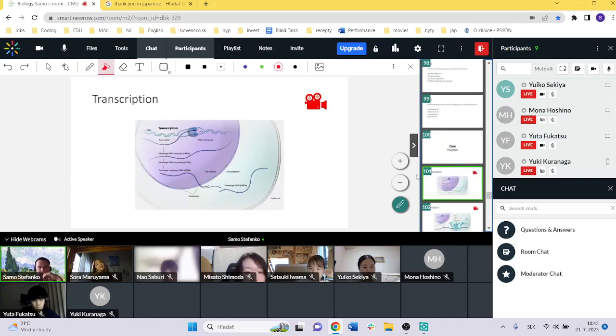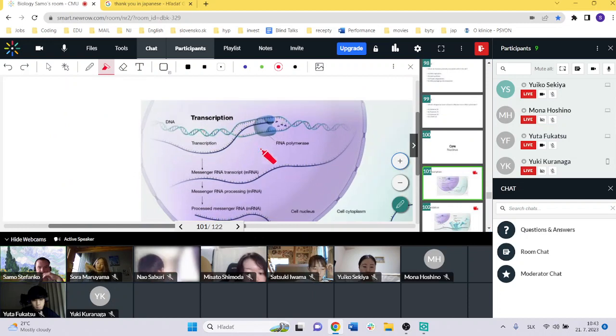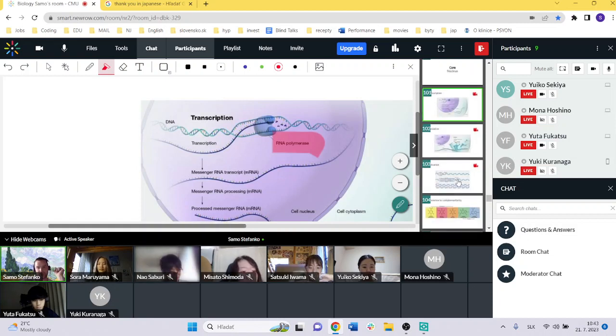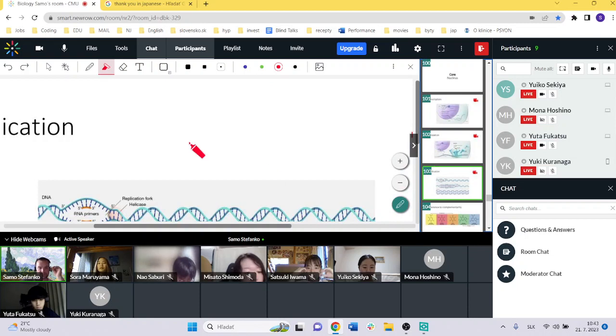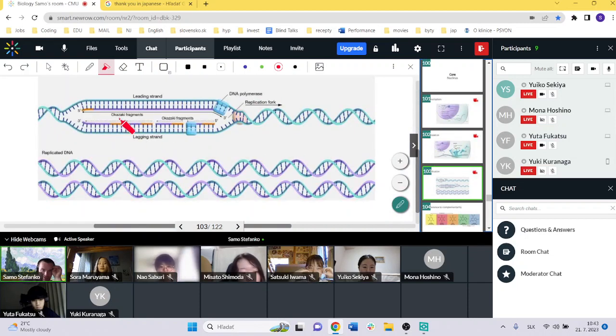Okay, here please zoom in a little bit. We are able to see that RNA polymerase is creating a polymer of RNA. Okay, perfect. So it's something different from replication because, as we remember, in replication we have a DNA polymerase, which is responsible for replication as an enzyme.